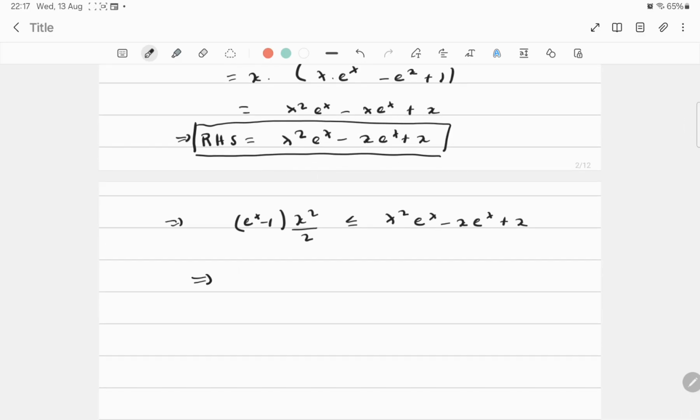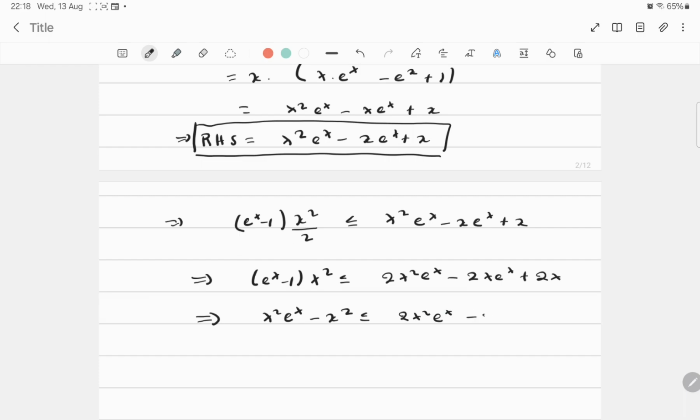Let's multiply both sides of the inequality by 2. e to the x minus 1 times x squared is less than or equal to 2x squared e to the power of x minus 2x e to the power of x plus 2x. And let's expand the bracket on the left hand side. x squared e to the x minus x squared is less than or equal to 2x squared e to the x minus 2x e to the x plus 2x.